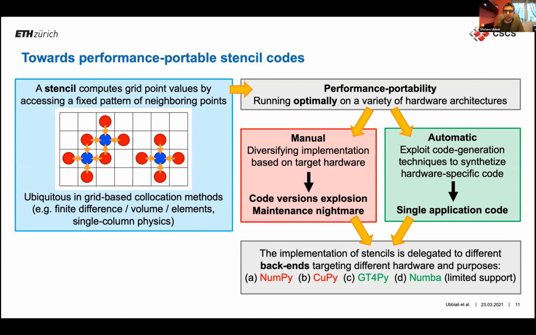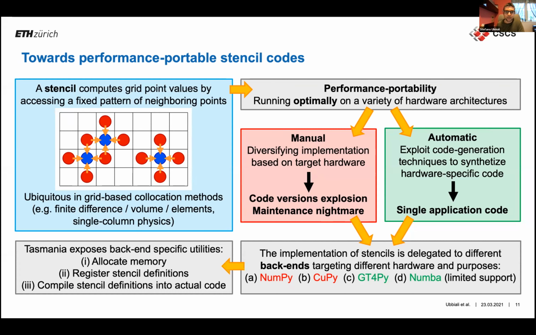Two of these belong to, say, the manual branch. These are NumPy and CuPy, which are state-of-the-art tools in the Python ecosystem. And then we have GT4Py, which, as we will see in the next slide, is a domain-specific library for stencil applications. And then we also have limited support for Numba, which is a more general purpose just-in-time accelerator for Python code.